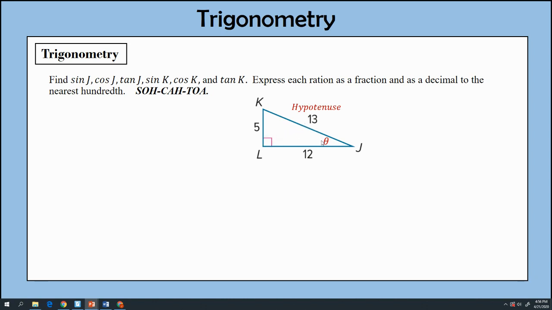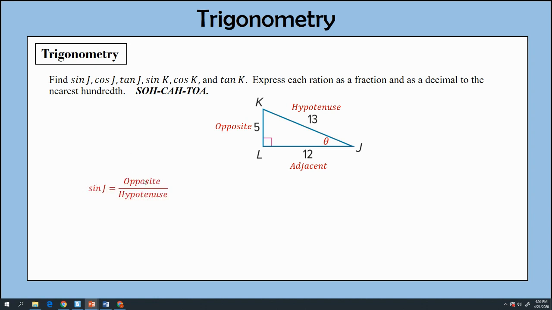Okay, the side across from the angle you're working from, your theta, which is J, is called the opposite, and then the remaining side is adjacent. So from J, 5 is opposite, 13 is the hypotenuse, and 12 is the adjacent side length. So these are the numbers that correspond to those different terms.